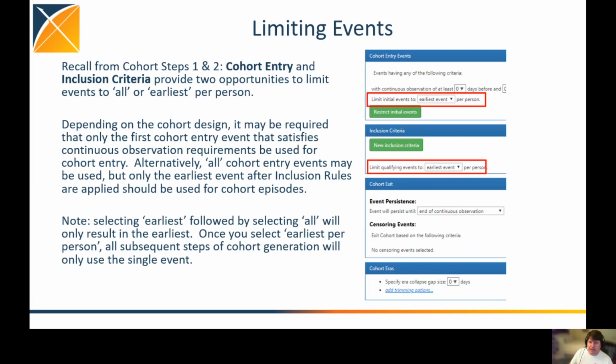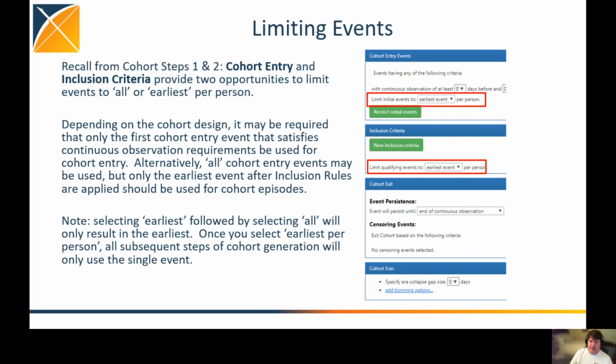If you specify earliest event in cohort entry events, then only the one event that meets the prior observation, continuous observation requirements will be used in the inclusion criteria. Conversely, if you specified all, then multiple events could be sent into the inclusion criteria step.